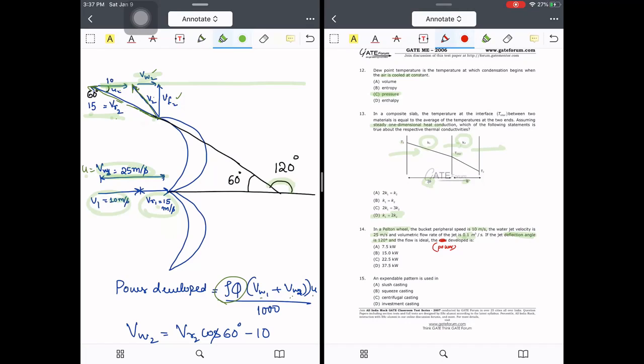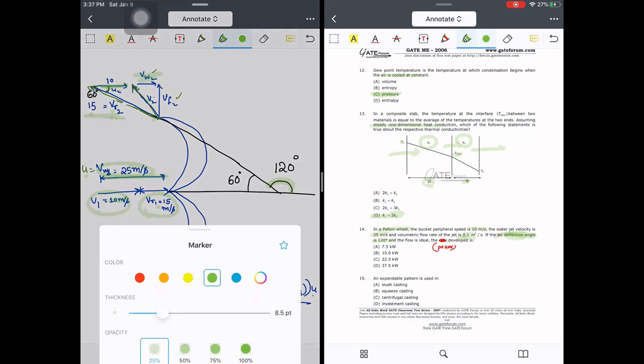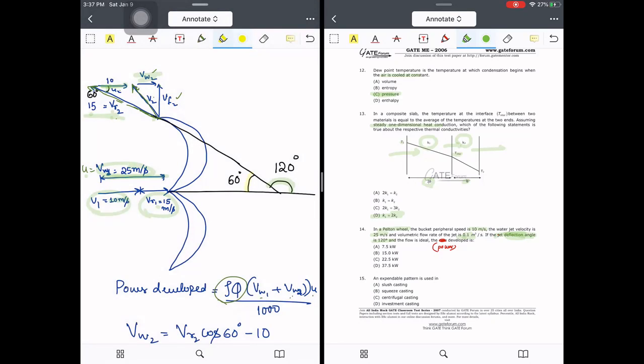From here, if the deflection is given as 120 degrees, then this is 60 degrees, and since these are parallel lines, this can also be claimed to be 60 degrees. We cannot calculate it the other way, I'm sorry. From the jet deflection angle itself, we can calculate this angle.